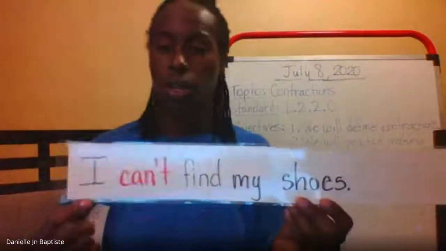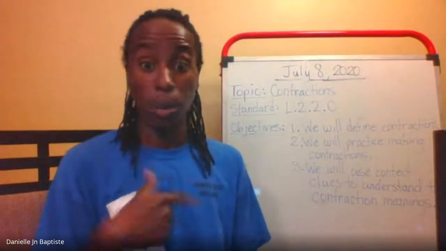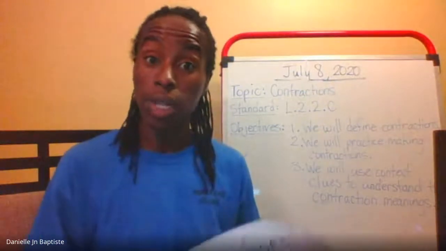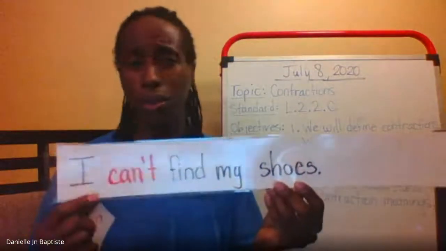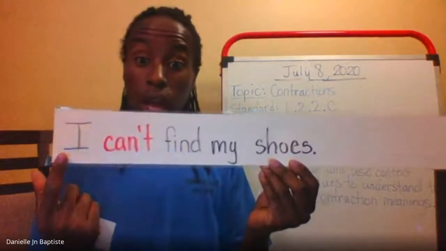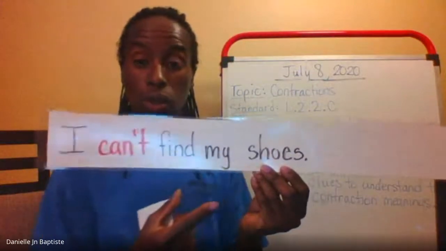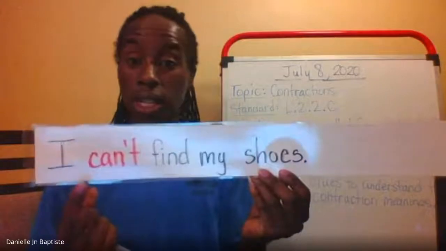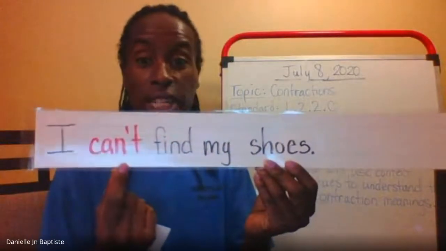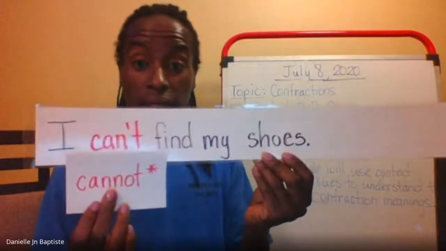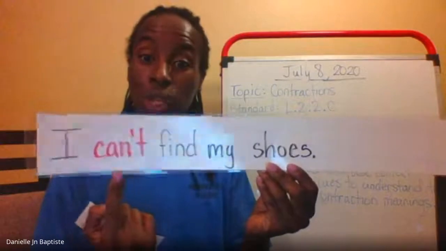Now, mind you, let me say this because this is important. Sometimes, because I'm a first grade teacher, but I'm teaching second graders because I can teach second grade too. But sometimes my first graders, and they're so sweet, sometimes when they read a contraction like this, they'll read it this way. I cannot find my shoes. Just because I'm asking you what can't means doesn't mean that when you read the word can't that you say cannot. Can't means cannot, but you have to read it the way that it's written.